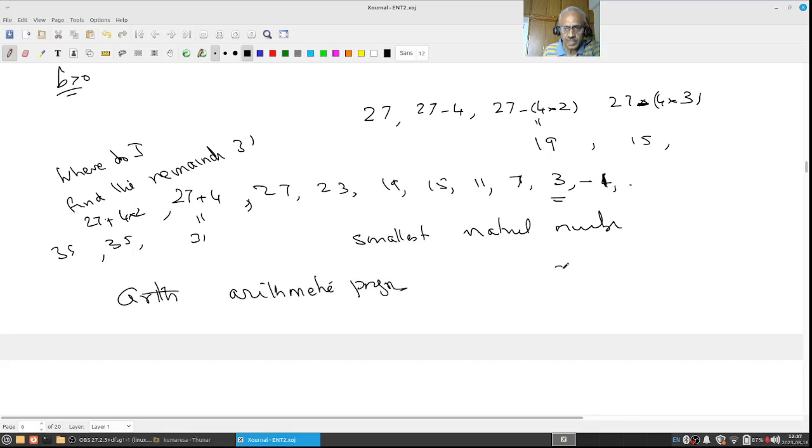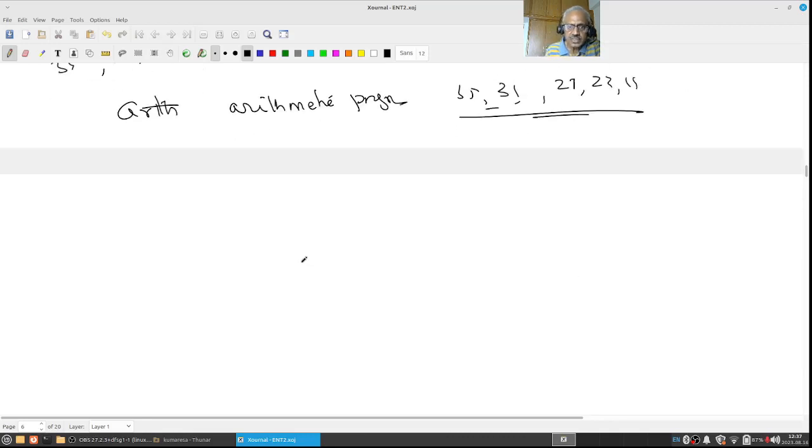So I start with 27, keep on subtracting 23, 19, and keep on adding 31, 35, etc. So this list I can write as b minus ak, where k is an integer. Right? You understand this?